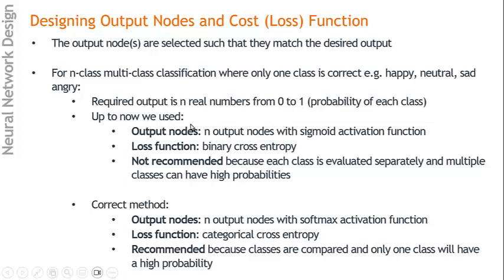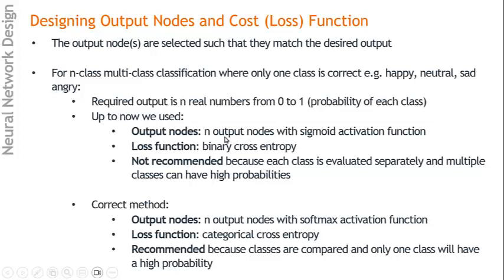Right. So we could use n output nodes with a sigmoid activation function for each output node. This was because we were trying to show how multi-class is just a generalization of binary classification. However, there's a better way to do this when you have multiple classes.